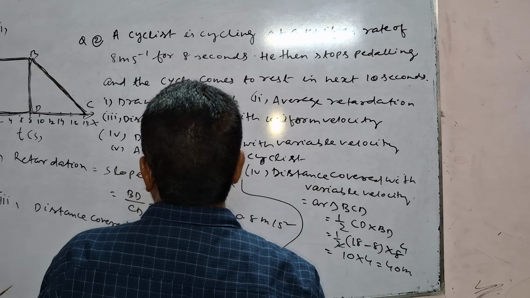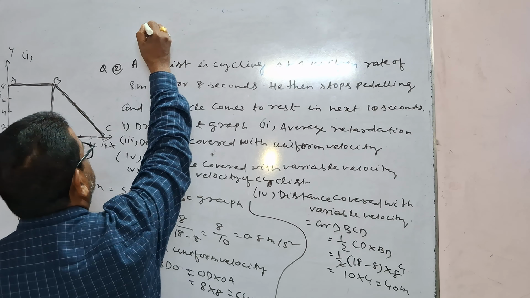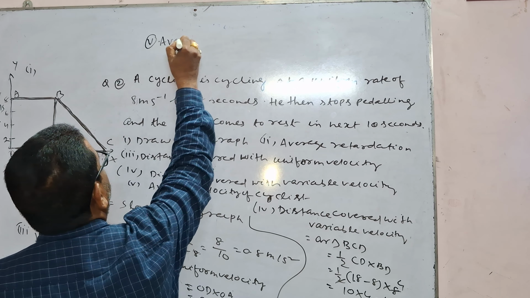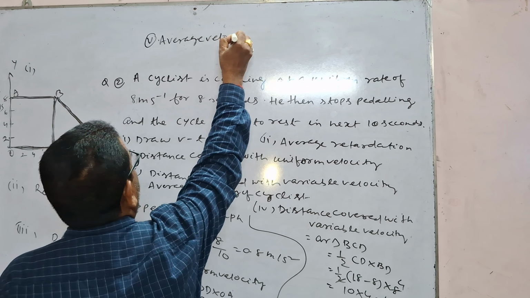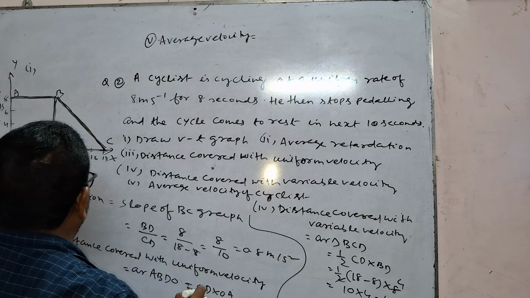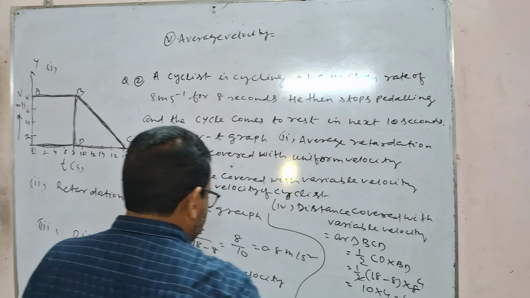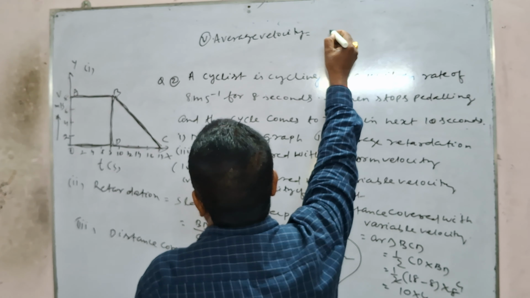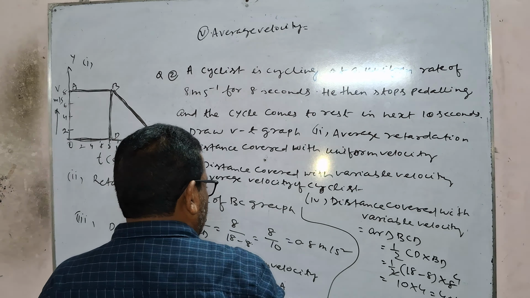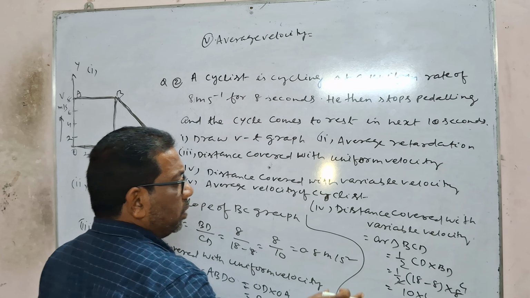Then what do we have to find? Bit 5, average velocity. Average velocity equals total distance covered divided by total time taken. Total distance: 64 meters during the uniform velocity and 40 meters during the variable velocity.